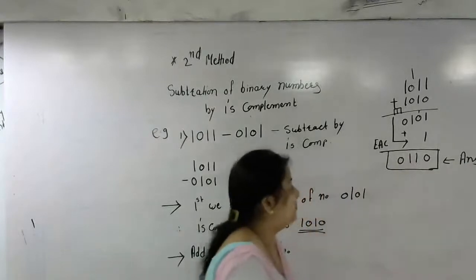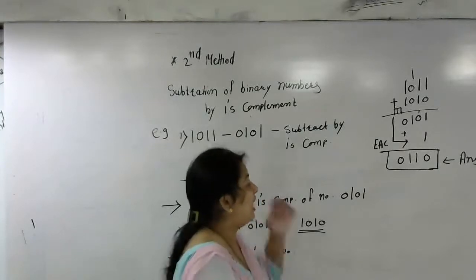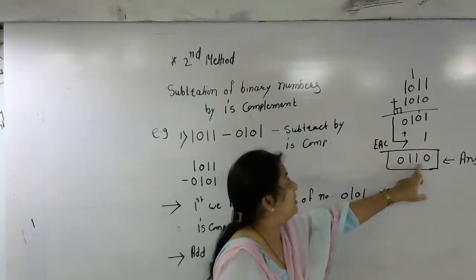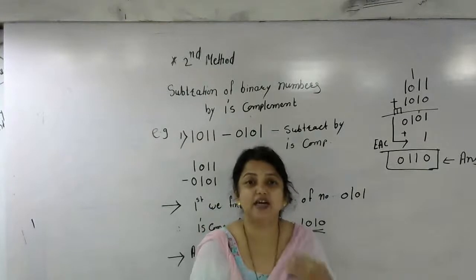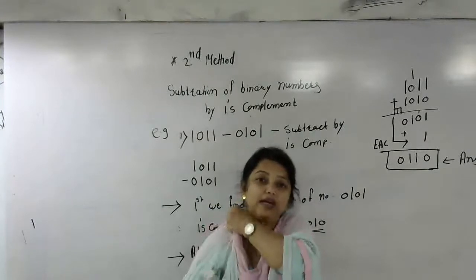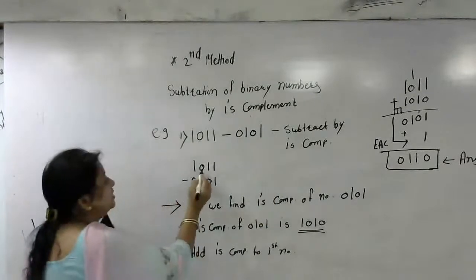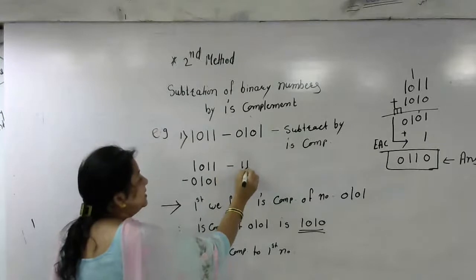Whenever carry is present, our answer is positive. What do we come to know? Our answer is positive and we have to add that 1 to this answer. Our answer is number 6. Now we try to verify whether our answer is correct by doing decimal subtraction. Our numbers: 1011 means 8 plus 2 plus 1, that is 11.